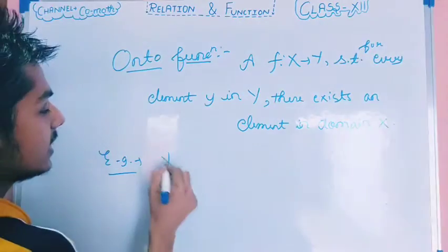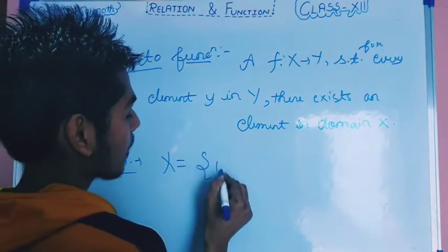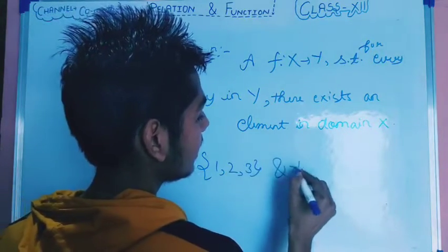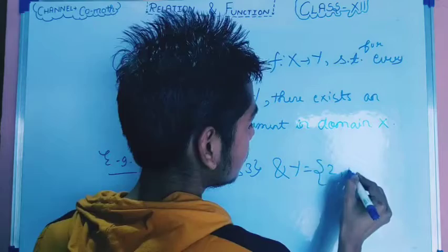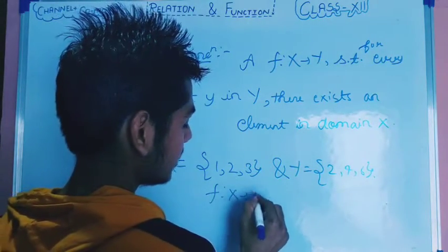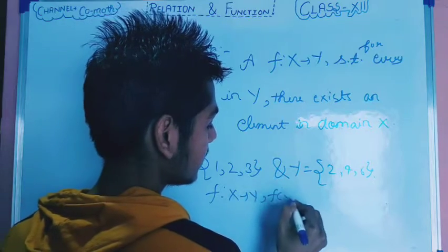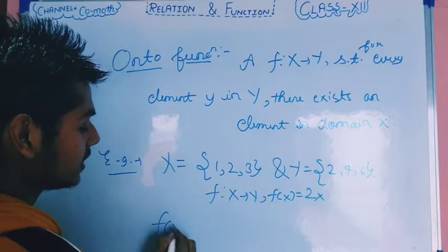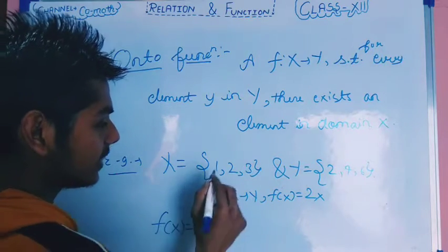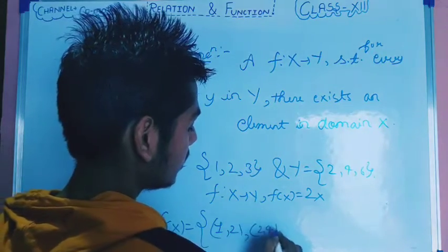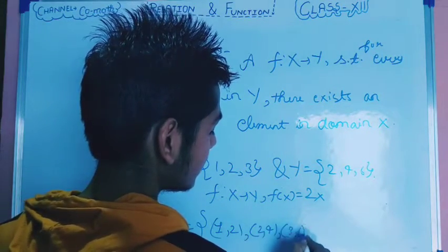Again consider a set x with 1, 2, 3 and the set y with 2, 4, 6, and a function from x to set y defined by f(x) = 2x. Now in roster form, the function f(x) looks like (1, 2), (2, 4) and (3, 6).